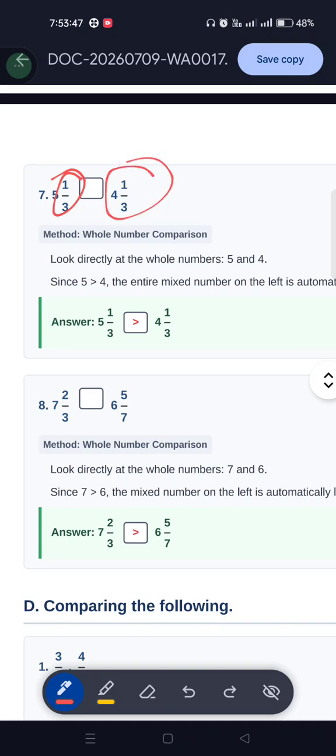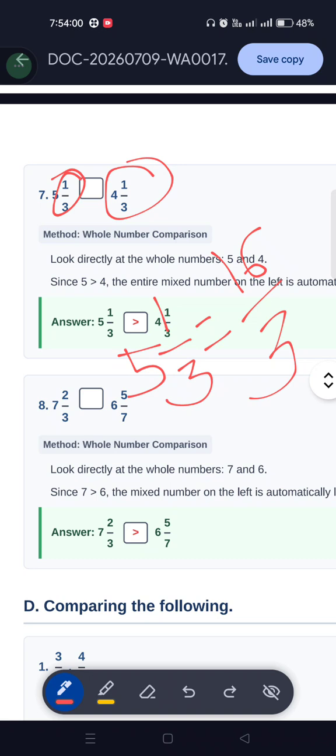So you will make them improper fractions first. 5 into 1 by 3 will become 3 5 is 15 and 1, 16 upon 3. On the other side, 4 into 1 by 3 will become 3 4 is 12 and 1, 13 upon 3.